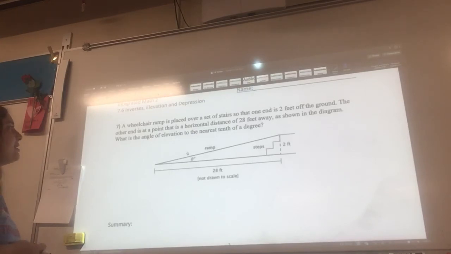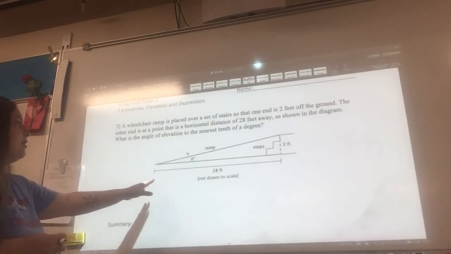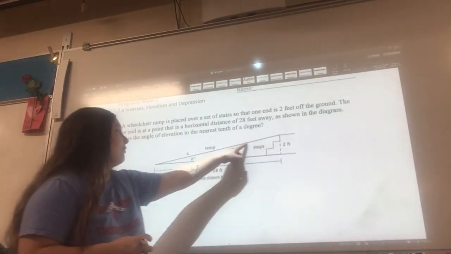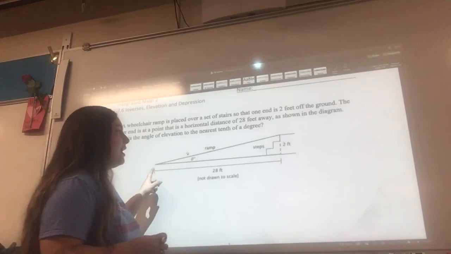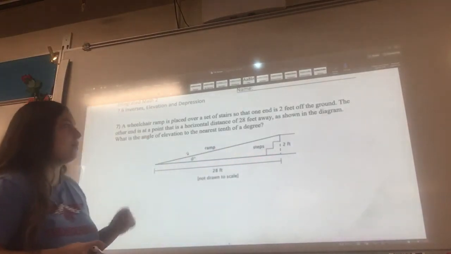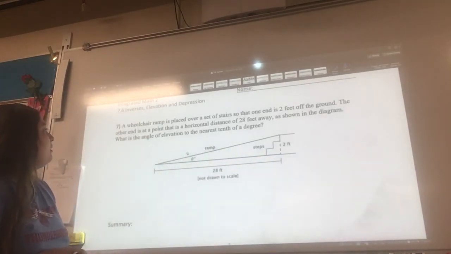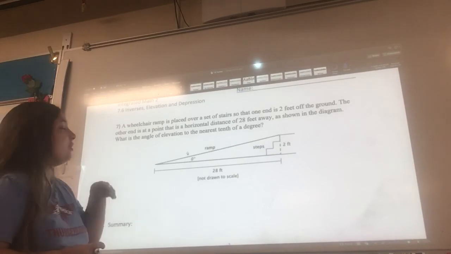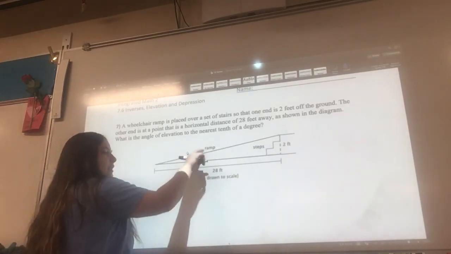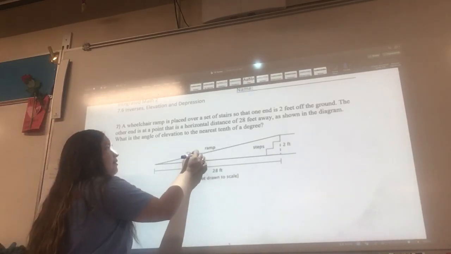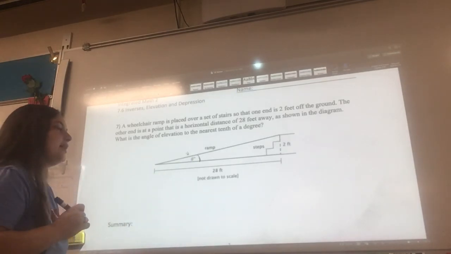The other end is at a point that is a horizontal distance of 28 feet. So here's our stairs, our ramp is about 28 from here to here. We don't know how long the ramp is. And we want to find the angle of elevation, so from the horizontal to the line of sight, to the nearest 1/10 of a degree.